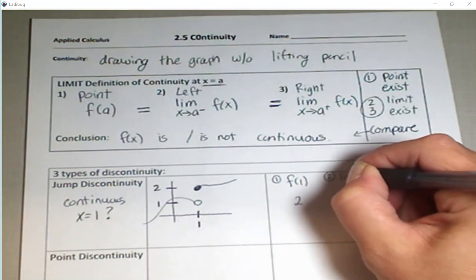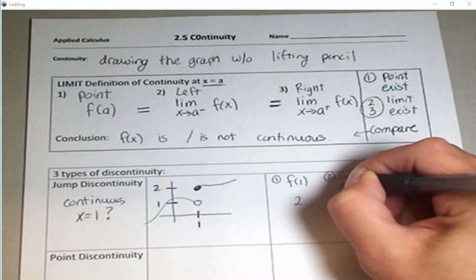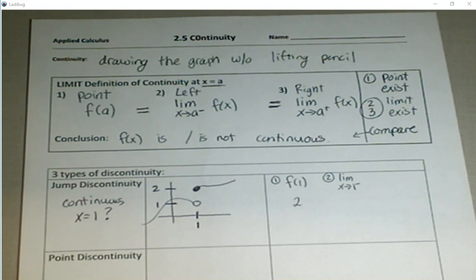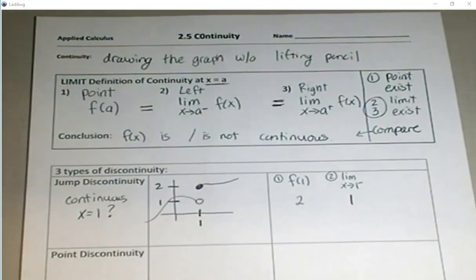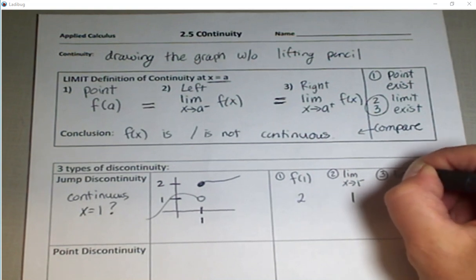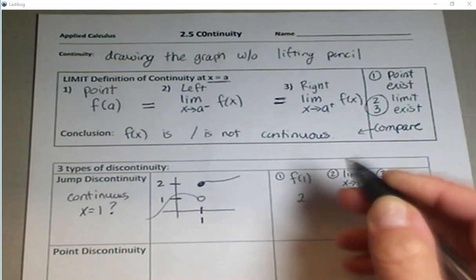Okay, the limit as x approaches 1 from the left is 1. Okay, the third thing I have to do is the limit from the right.